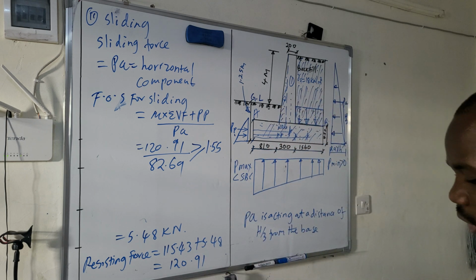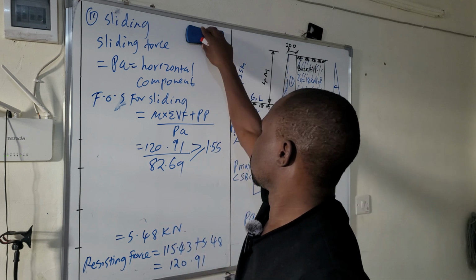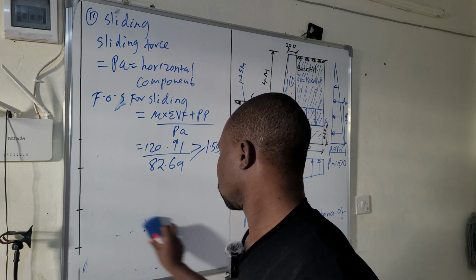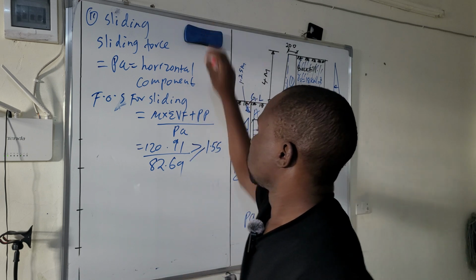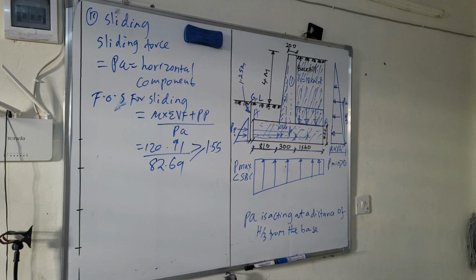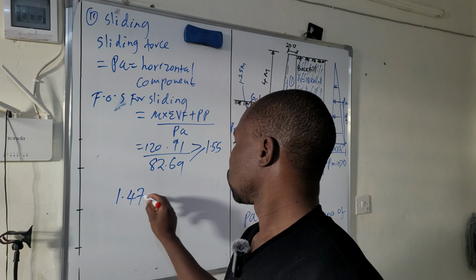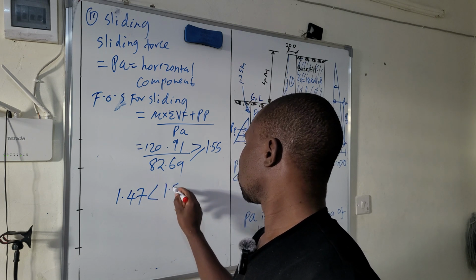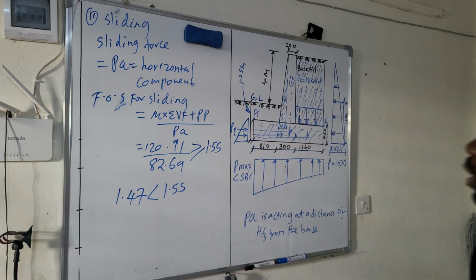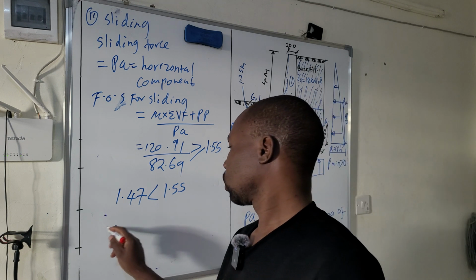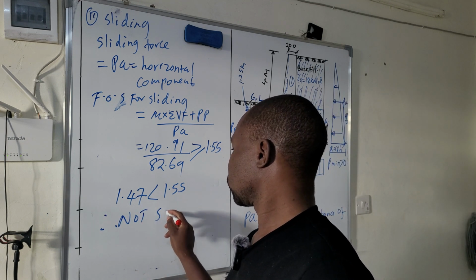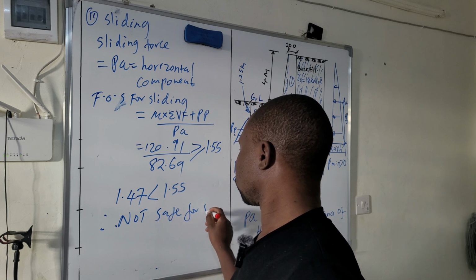So if you punch your calculator, this one you will get 1.47, which is less than 1.5. And for the sliding not to occur, it should be greater than or equal to 1.5. So this one is not safe. Therefore, not safe for sliding.